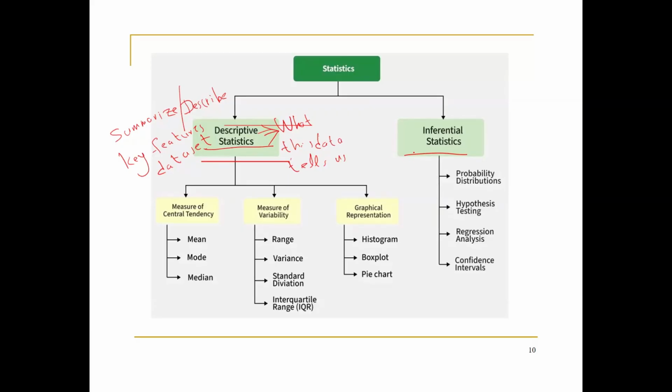Then we have inferential statistics. Inferential statistics is about making predictions.